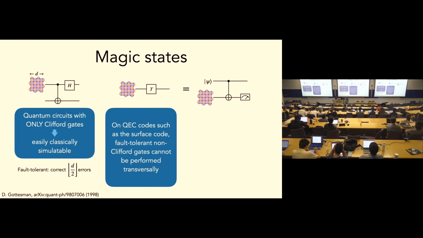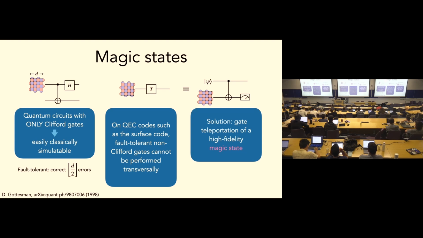So in effect, the problem now becomes, instead of having to perform a T-gate, having to produce a high-fidelity T or magic state. Specifically, the fidelity of this T-state should be equivalent to the fidelity of the Pauli states that we were producing earlier on in our Clifford circuit.